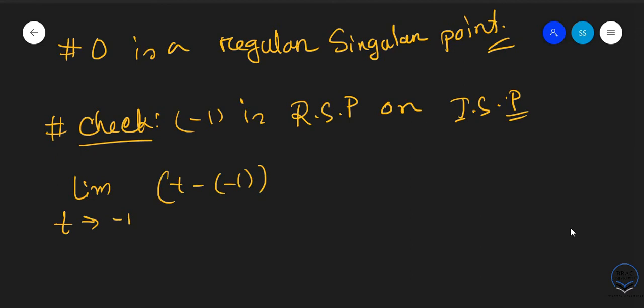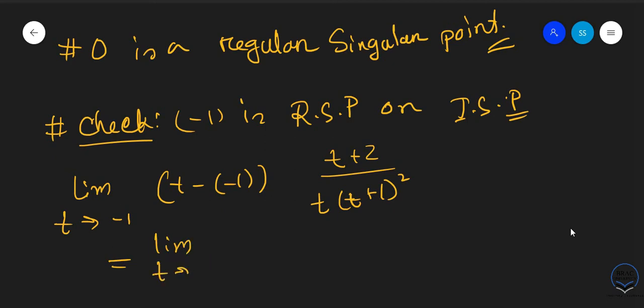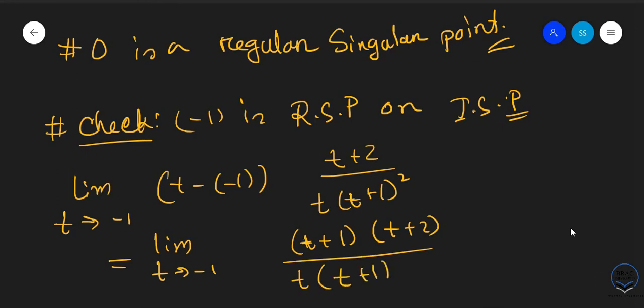So the q was simply t plus 2, and the p was simply t into t plus 1 whole square. And in the next line you write t goes to -1, so this is just t plus 1. So this is t plus 1, t plus 2 divided by t plus 1 whole squared.